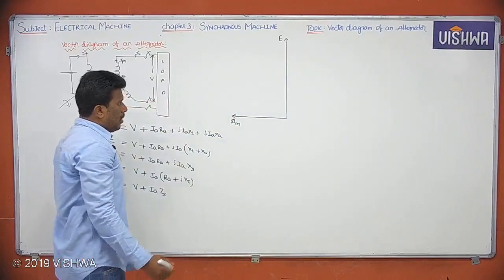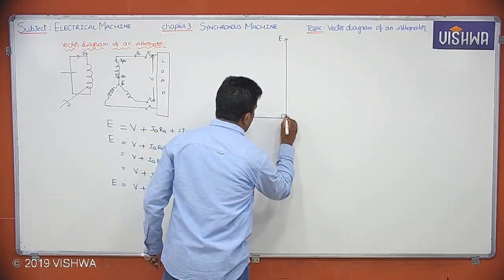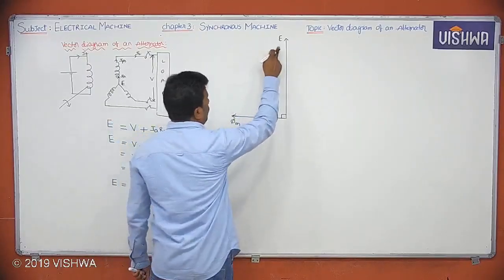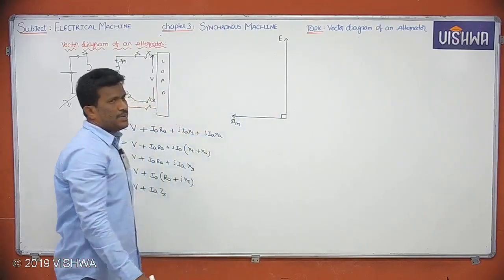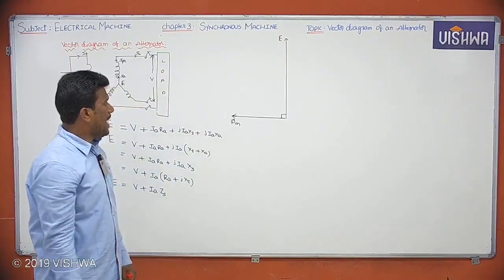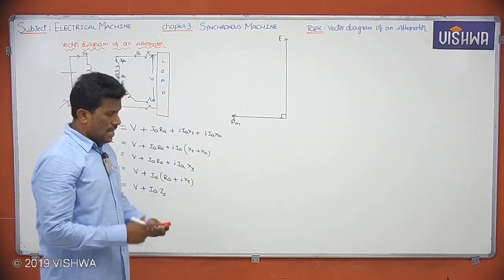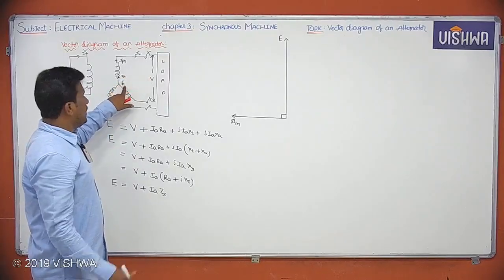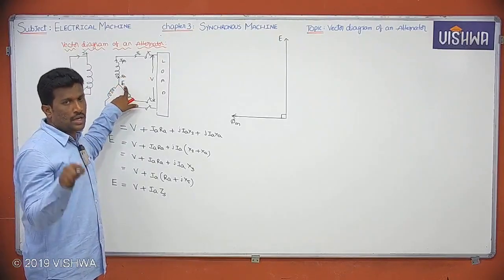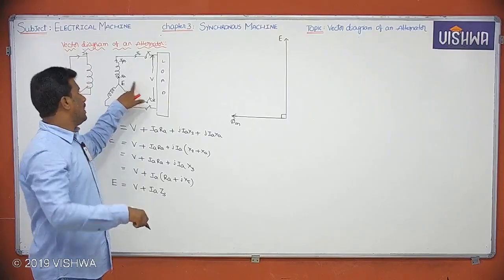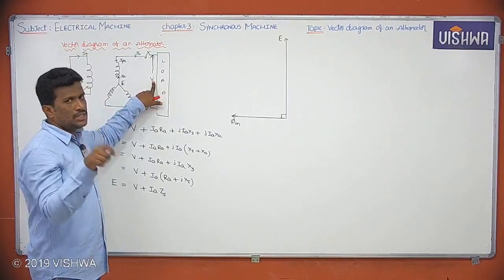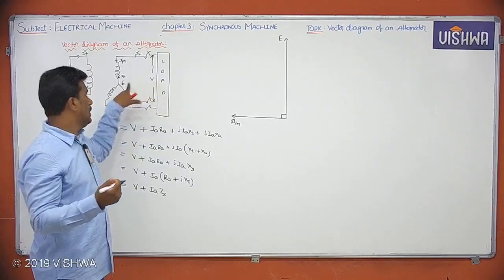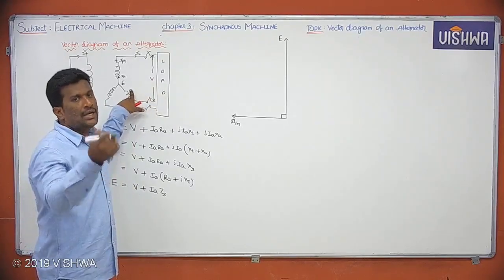Is it clear? Because corresponding to this phi m, we are getting this EMF. That's why these two vectors are displaced by 90 degrees. To be frank, E lags flux by 90 degrees. Next, after EMF is induced in the armature winding, we are getting load, then we are getting voltage at the load. To be frank, V lags E by an angle delta.